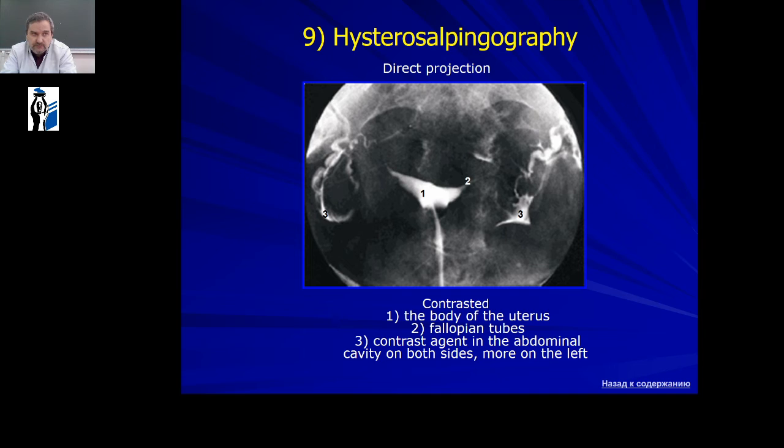We use iodine containing fat soluble contrast substances and contrasted 1. The body of uterus, 2. Fallopian tubes, and 3. Contrast agents in the abdominal cavity on both sides, more on the left.